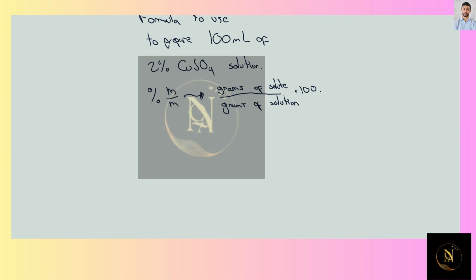So in this case, what you would require to do is to add 2 grams of copper sulfate per each 100 grams of solution.